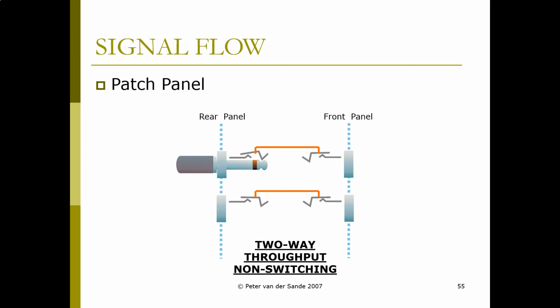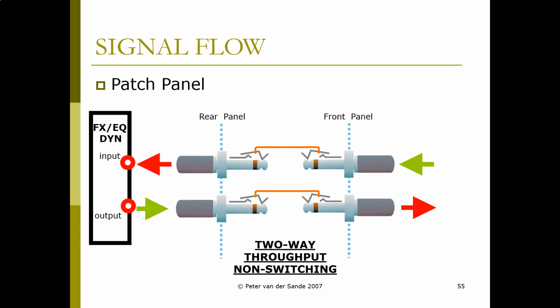So as you plug a jack into the rear panel and then the front panel, if you notice, the output of your effect unit or your equalizer or your dynamic processor, the output is the green arrow on the lower left side, and that plugs into the bottom jack, and then the connector connects it to the front panel as an output. That would go to your mixer.